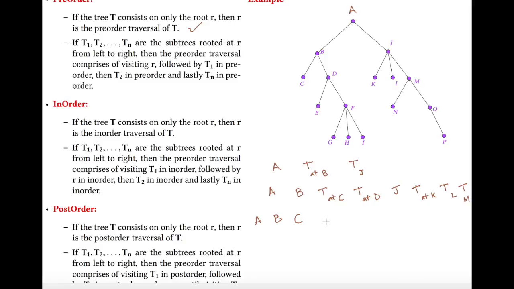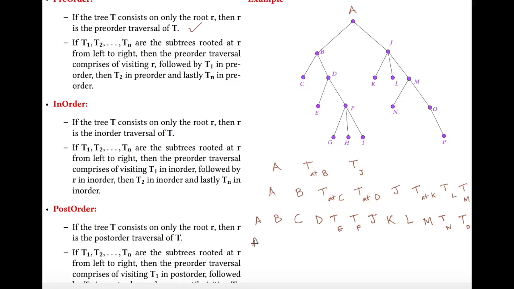The tree rooted at D should have D first, then the tree at E, then the tree at F. Then J is just J. The tree rooted at K is just a root, so K. Then L: the tree rooted at L has only one root, so L. And the tree rooted at M should be M, then the trees at N and O.